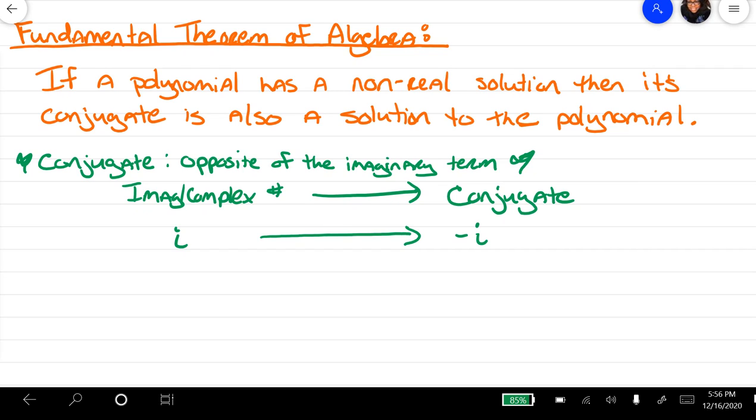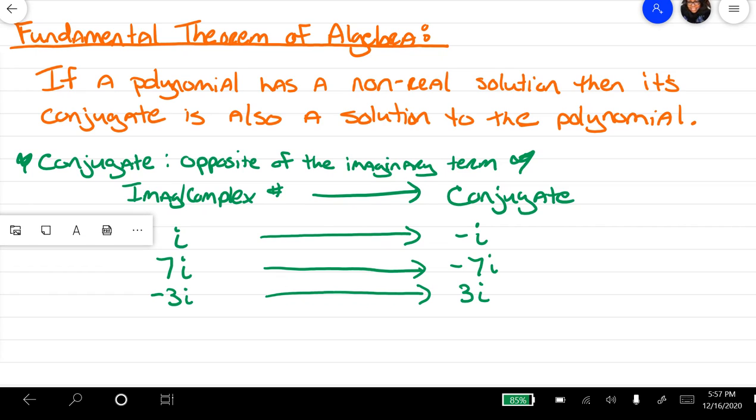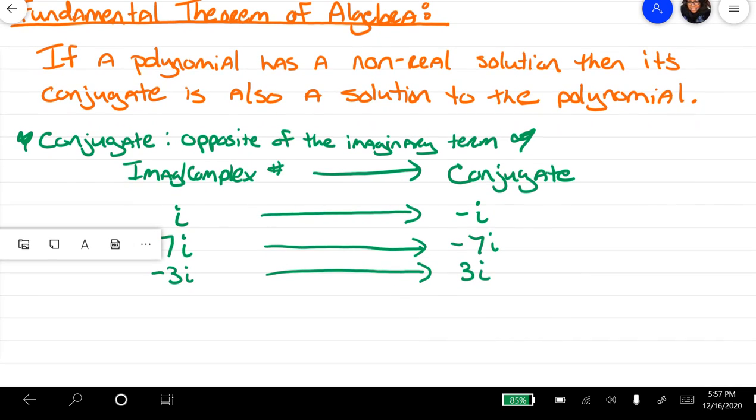If I gave you 7i, then the opposite of 7i would be negative 7i. If I gave you negative 3i, the opposite of negative 3i would be positive 3i. So the conjugate is the opposite of the imaginary term. Now, these are just a single imaginary term.